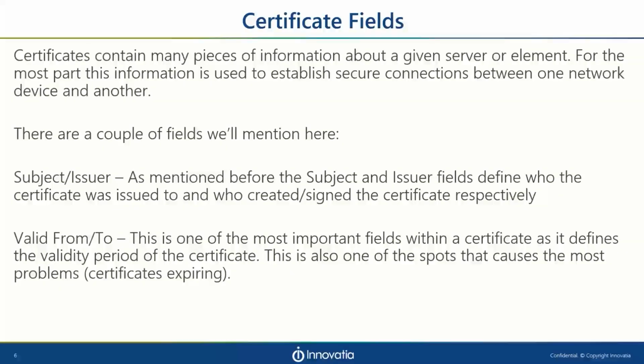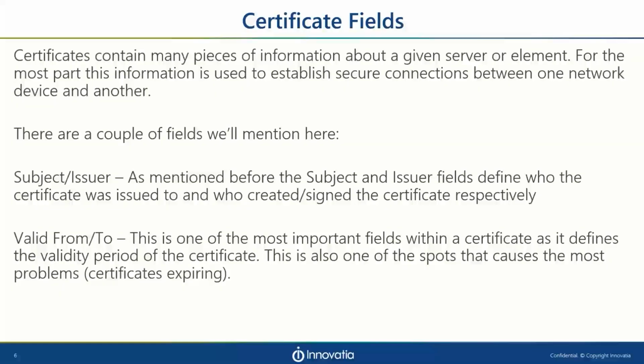So the subject and issuer lines, as we've previously mentioned, describe either the particular server, device or element to which this certificate was issued, or they will define the next hop, the next layer up in the trust chain. So the subject line defines who this certificate is issued to, and the issuer line defines who created, who generated this particular certificate.